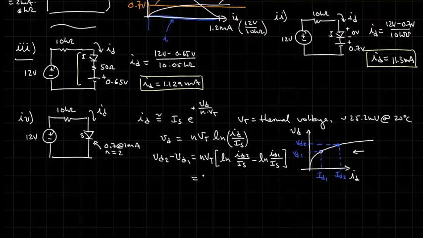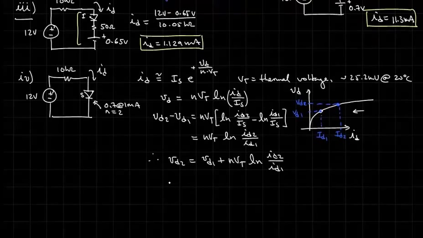And we can combine the logs as ID2 over IS over ID1 over IS. And the IS's go away. So therefore we can write VD2 is equal to VD1 plus NVT log of ID2 over ID1.